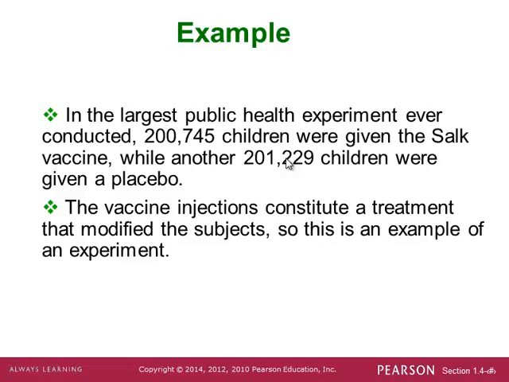But the workers knew which children got what shot. This is an experiment because some of the subjects got the treatment and the other ones didn't. And we're looking to see, was there a different outcome for those individuals who got the treatment compared to those who didn't.